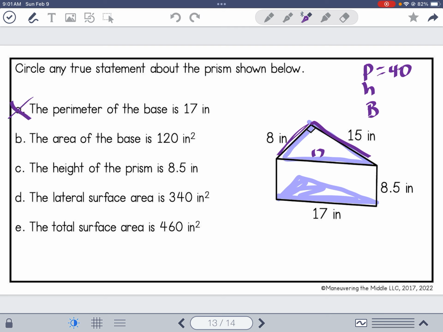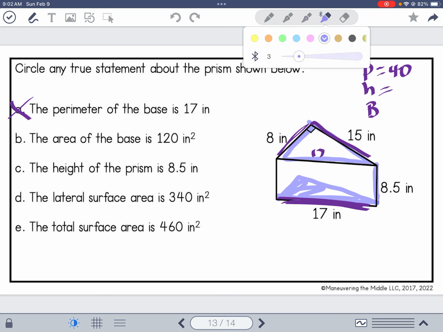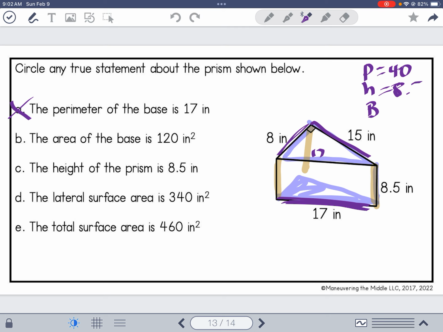Well, that's wrong, because that says the perimeter is 17. They only took one side. Everybody see that? The height is the distance between my two bases, and that number is 8.5. The height of the prism is 8.5, that's correct.